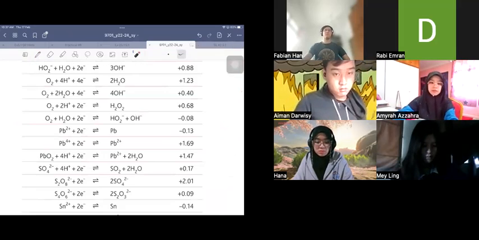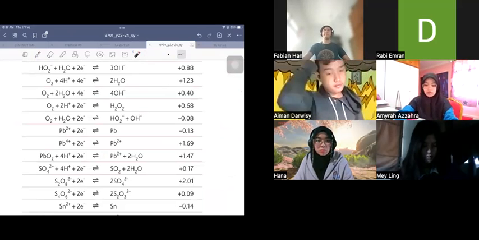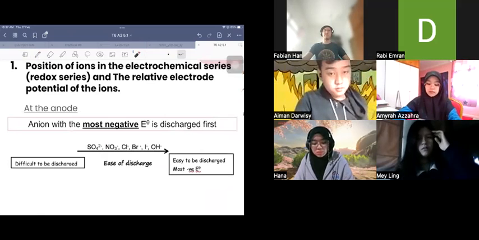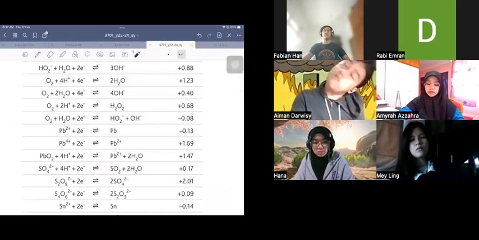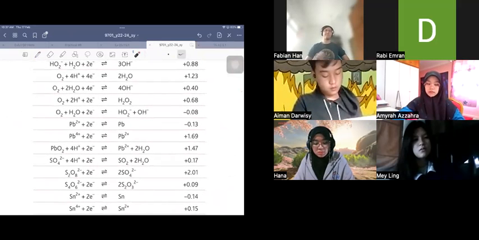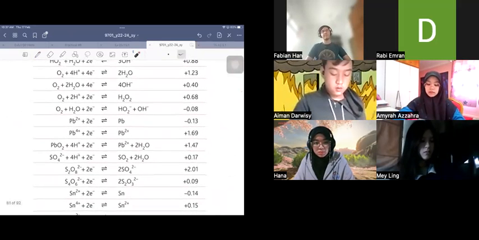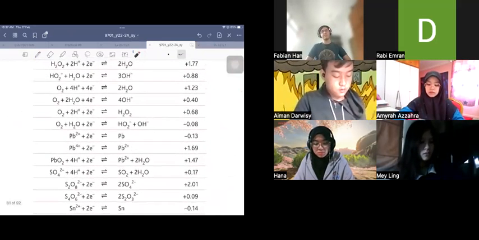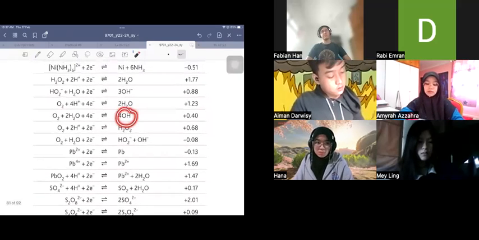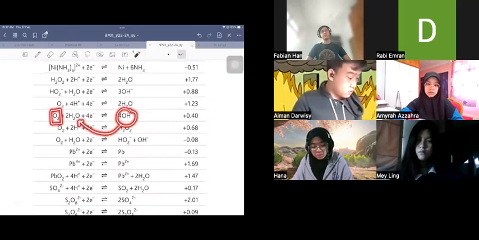Again, if we look at the data booklet, OH minus, because they go to the anode where oxidation is happening, you would go through the product side, because it's the reverse reaction. So OH minus will be oxidized into oxygen. That's the element that you produce.